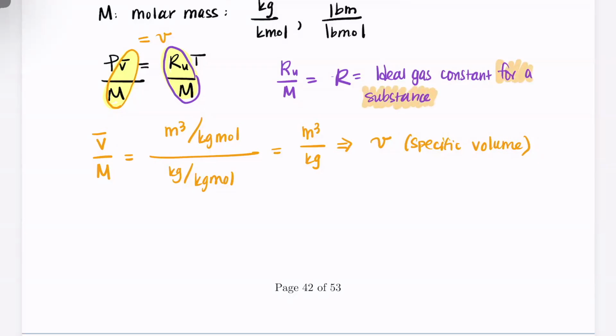It will change depending on the substance. And this has units of kilojoules per kilogram Kelvin in SI. So our final version of the ideal gas law that we will primarily use is P v is equal to R T.